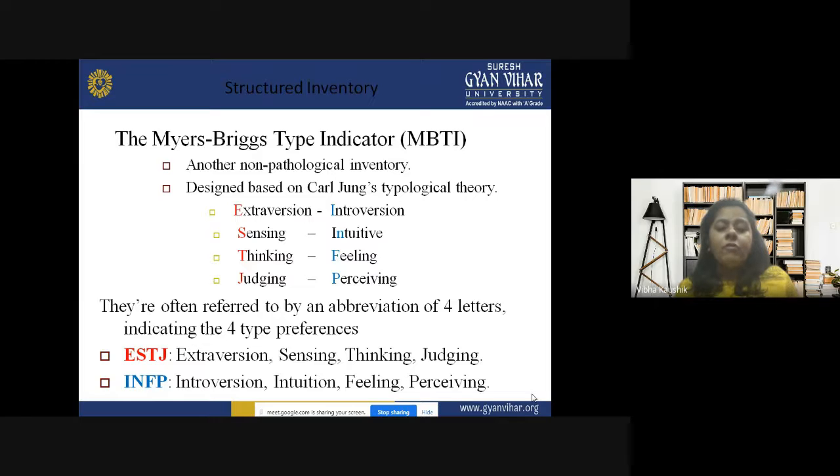They are often referred to by an abbreviation of four letters indicating the four type preferences: ESTJ, INFP. ESTJ stands for extroversion, sensing, thinking, and judging. INFP indicates introversion, intuition, feeling, and perceiving.